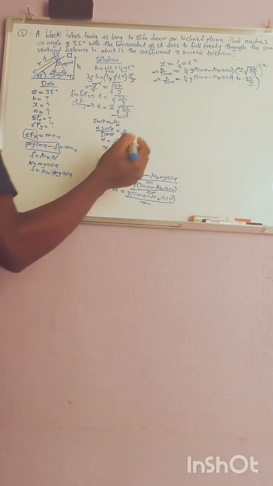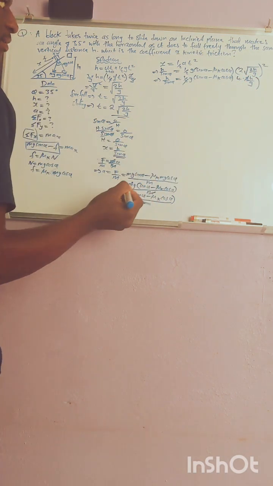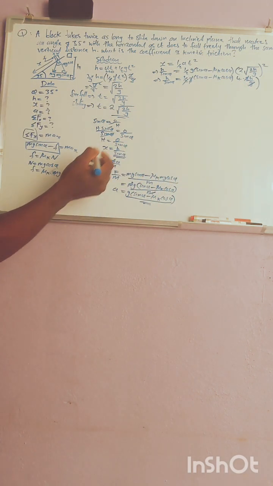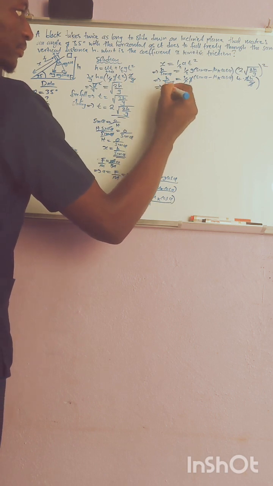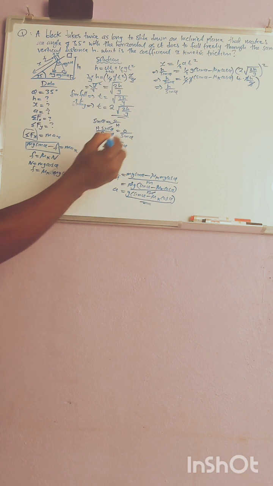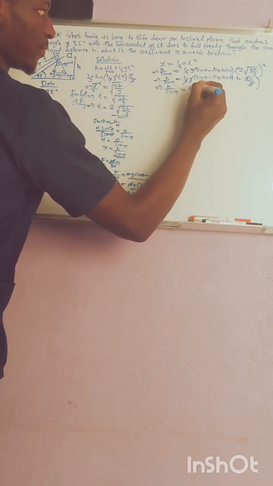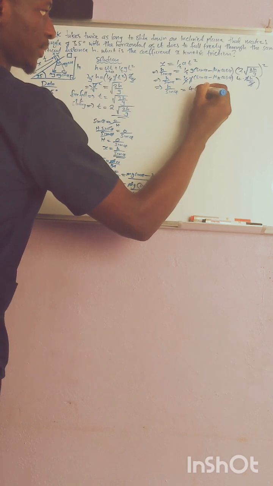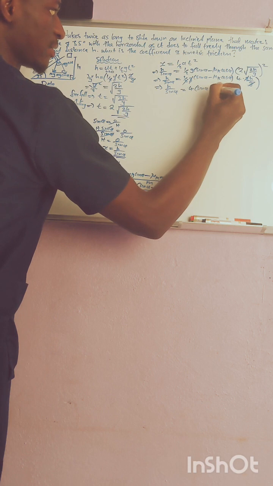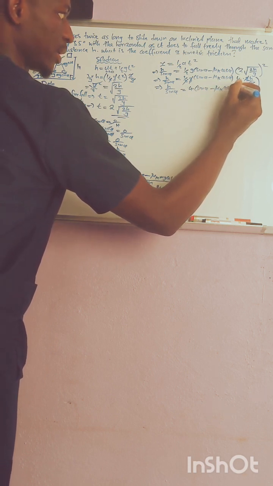So this and this will cancel. What are we remaining with? We have h over sin theta is equal to 4 times h times sin theta minus mu k cos theta.